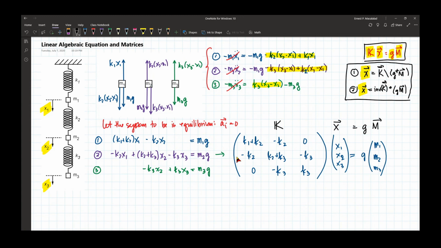Okay? So let's have a quick example. Let's say m1 is equal to 60 kilograms. m2 is 70 kilograms. m3 is 80 kilograms.